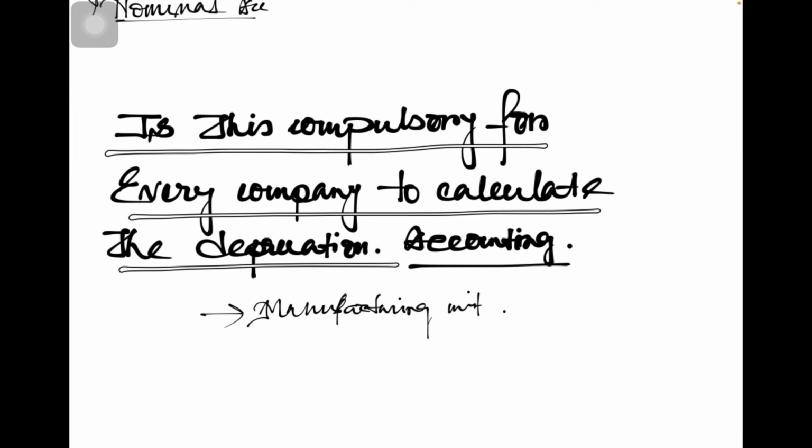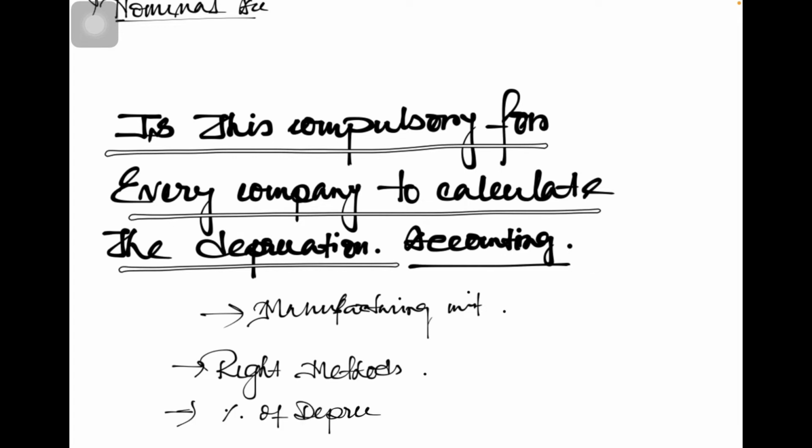Right methods and the right percentage of depreciation, both are very, very important for the company. To manage the depreciation account, the right methods are also very important.